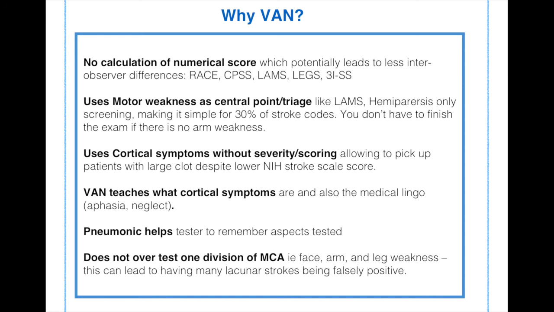And it does not overtest one division of the MCA by testing face and arm and leg, or face, arm, leg, and hand, right? So for us, we've had 6 patients with NIH scales of greater than 10, all turned out to be lacunar, all VAN negative, because they were pure motor and sensory with no cortical symptoms. And so that's why it's powerful. It's in a sense the simplest and the best, all in one.